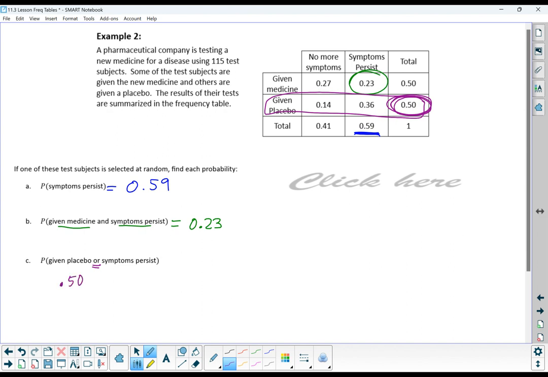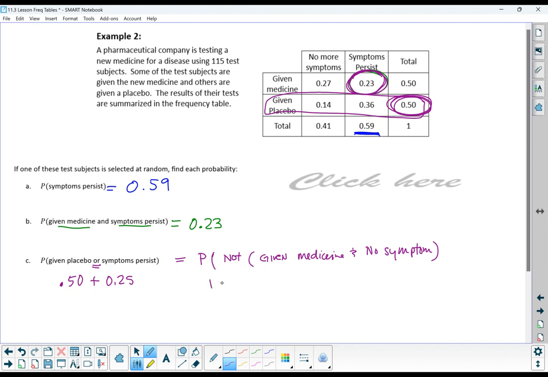But there's a few more. We also are wondering maybe their symptoms persist, so we also want to add these 0.23. Basically, this is the same as everybody else except the people that are given medicine and have no symptoms.